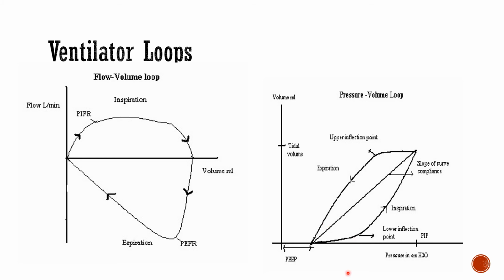And owing to the law of Laplace, at any given pressure, the volume during expiration is greater than that during inspiration. Now this line here actually gives us the overall slope of the lung compliance. And this is affected by both; increases in the positive end expiratory pressure will shift the curve upwards and to the left owing to improvement in compliance, as can also be seen during surfactant administration.